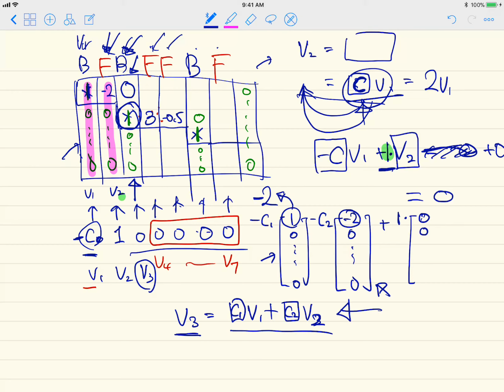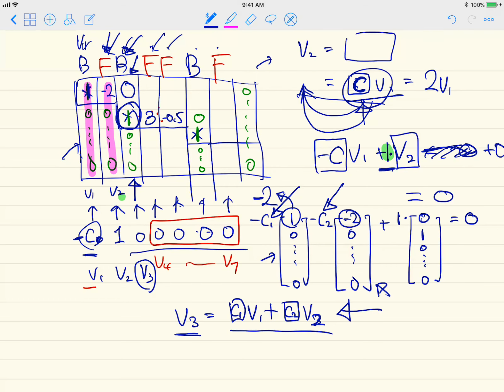So this one will be 1, which is our pivot contained in our third column, and then we will have all zeros. Let's think about this representation. Can we find the C1 and C2 that satisfy this equation?